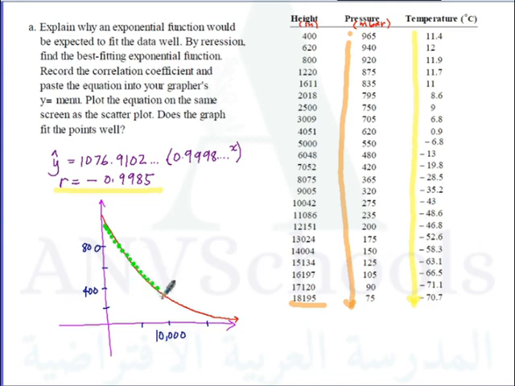But as they descend, the points lie on the lines. So this is the scatter plot of running the exponential regression on our grapher.